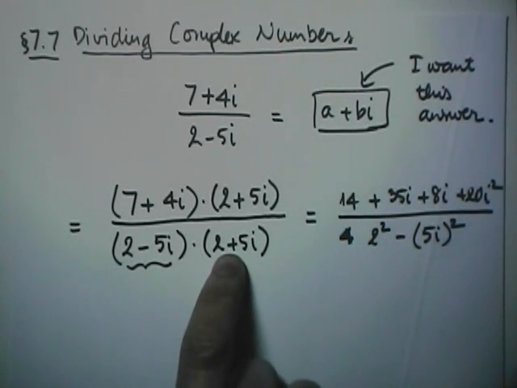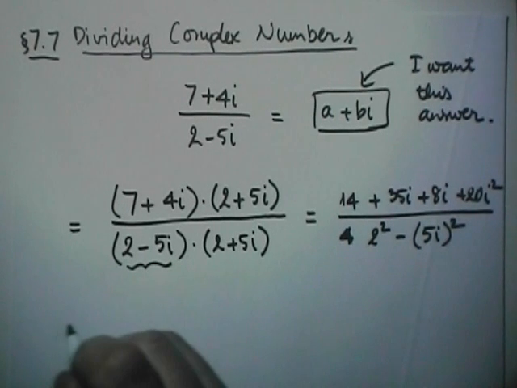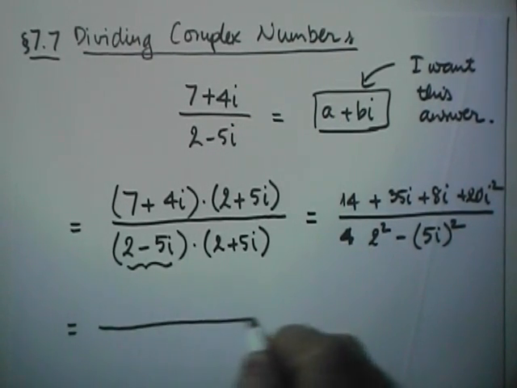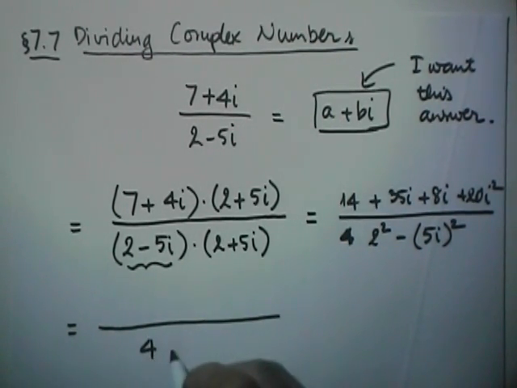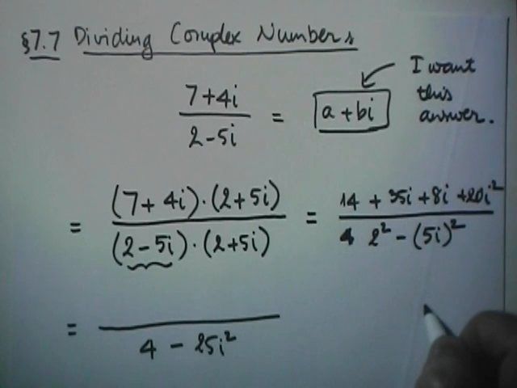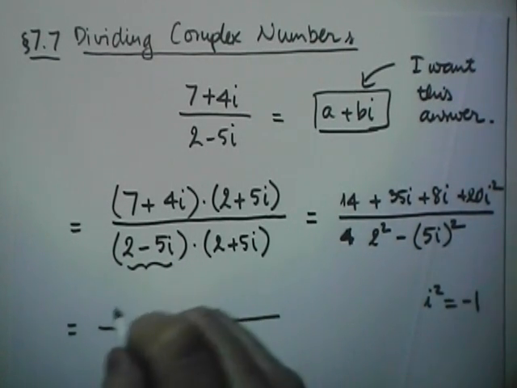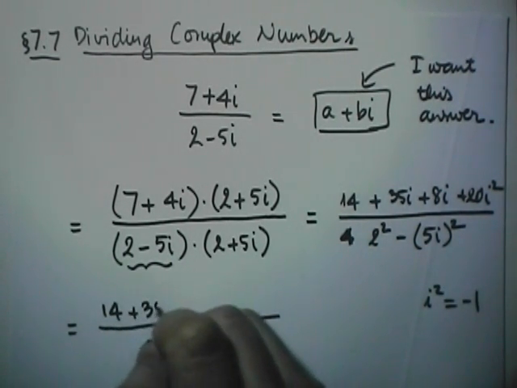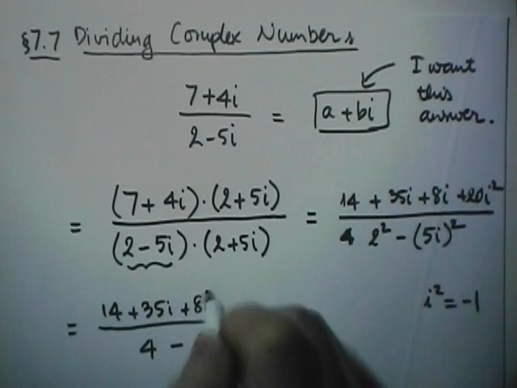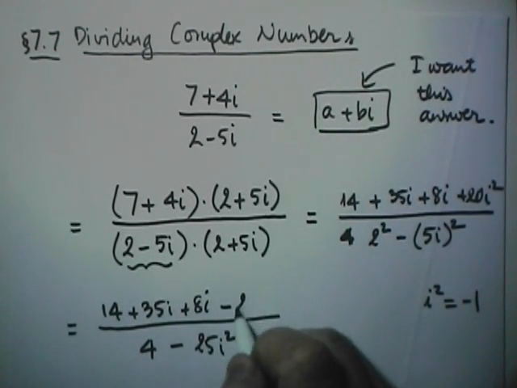So for the denominator, I have 4 minus 25i squared. And a little side note: i squared is always equal to negative 1. Keep that in mind. And so what I have on top here is 14 plus 35i plus 8i minus 20. Am I right?